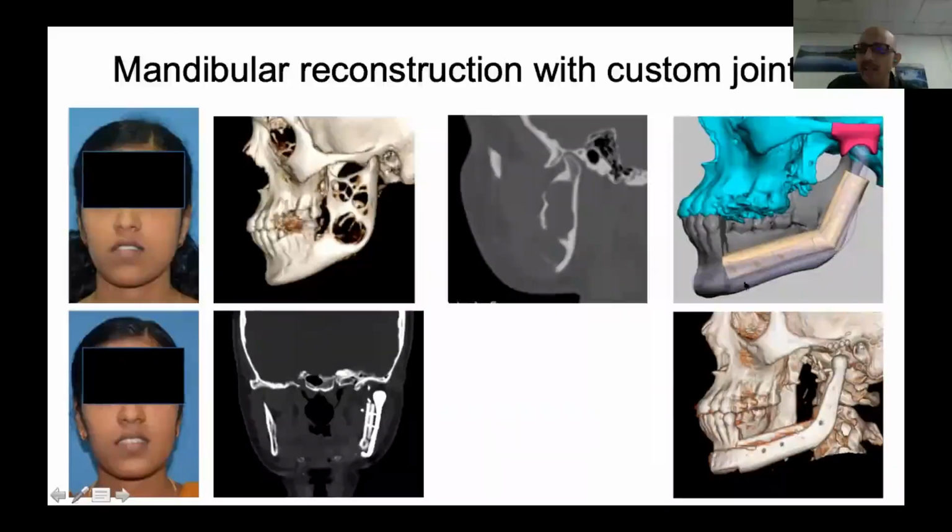So this area remains empty. The contour of the mandible is created by this custom-made plate, and the fibula has been placed up, which facilitates the dental implant rehabilitation, and you can have a very good acceptable outcome. So this is the post-operative photograph of the patient and a totally normal occlusion. So with the virtual planning, we can achieve these good outcomes.